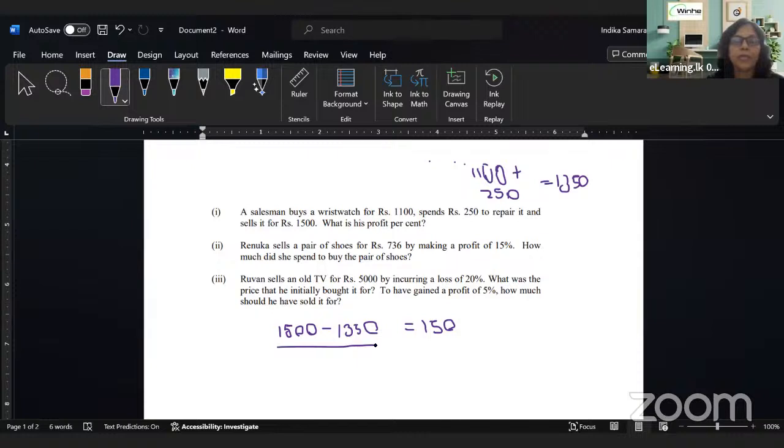Now ask you to find the percentage. කොහොමද අපි කරේ? Sale price එක මේක අඩු කරලා මේක බෙදන්න ඕනේ current price එකෙන්. බෙදලා then you have to find it as a percentage. To do that, you have to multiply it by 100. So 150 divided by 1,350 into 100.